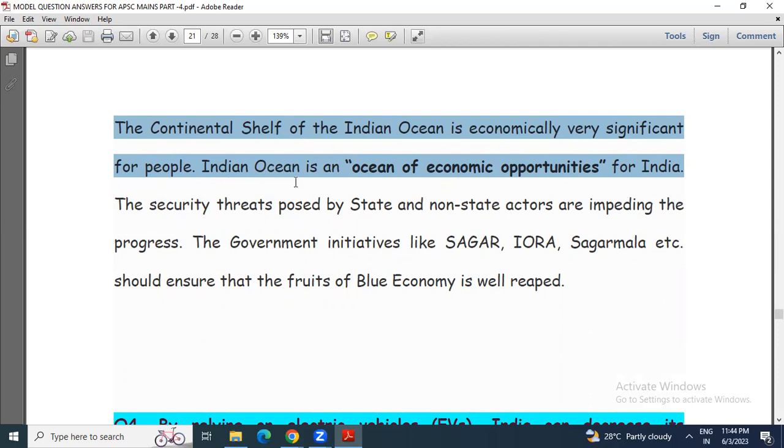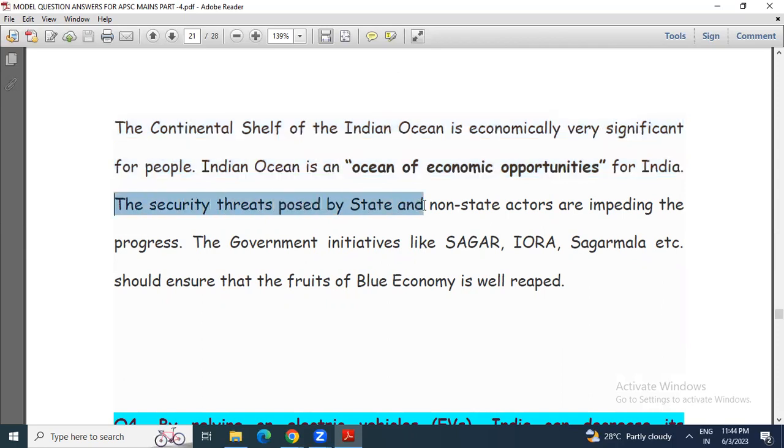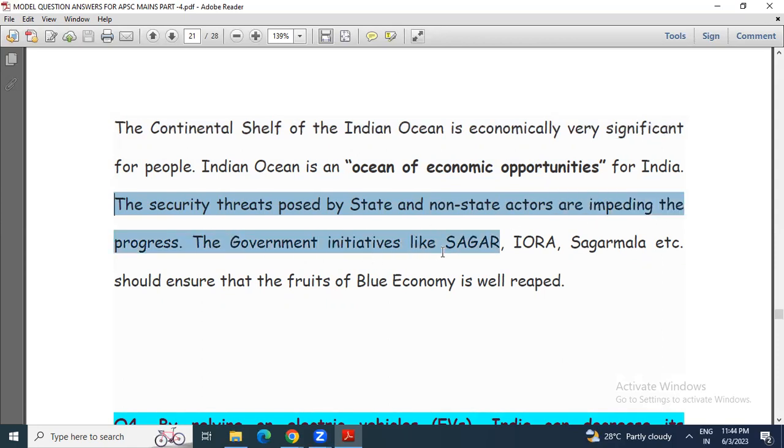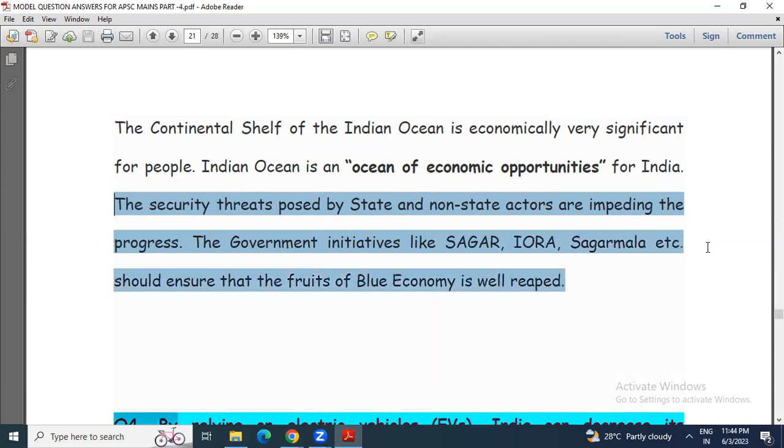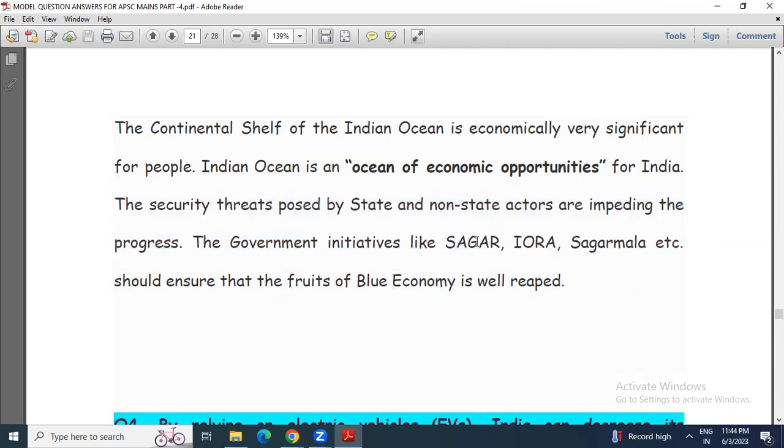So that's why it is termed an ocean of economic opportunities for India. The security threats posed by state and non-state actors are impeding the progress. Government initiatives like SAGAR, IORA, Sagarmala should ensure the fruits of the blue economy are well reaped. So we have some initiatives: SAGAR, IORA, Sagarmala.